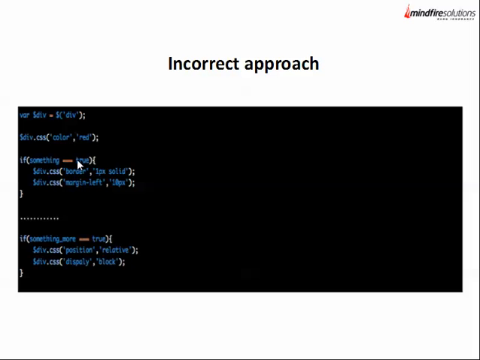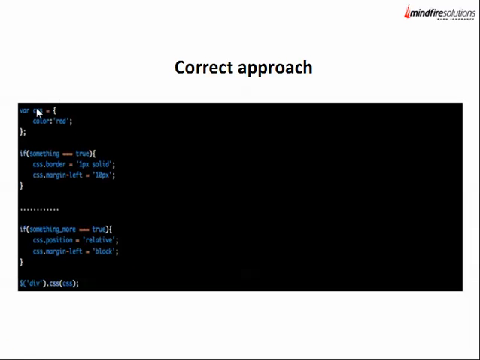If something is true, I set this; if something else is true, I set that. So here, based upon the condition, we can create the map. This is the approach: I take an array for CSS, and if the condition is true, I push this option to the map. At the end I call the CSS function and pass that map.